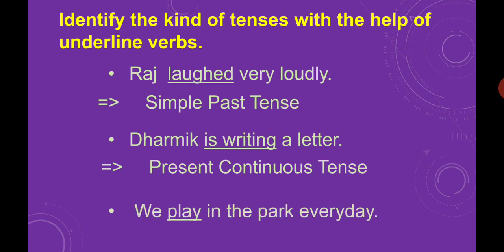Next is we play in the park every day. What is the underlined word? Play. Are there any changes with play? No, it is a root form. And what is the another hint word in the sentence? Every day. It means it is our routine.